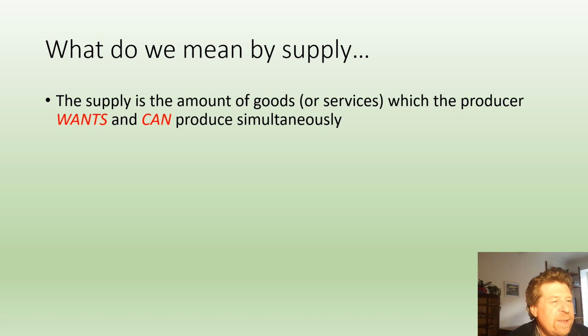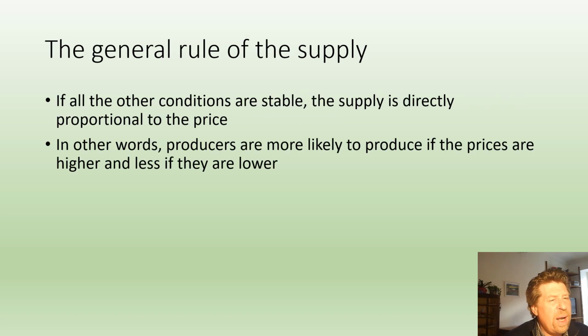So this is what is called the supply, and the general rule is it's got a relationship to the price, which is proportionate. So as the price goes up, the supplier or the producer wants to supply more, wants to produce more. As the price goes down, he's not so happy to produce so much.